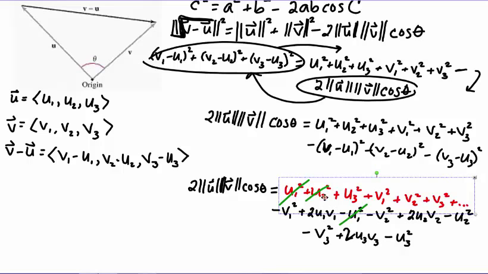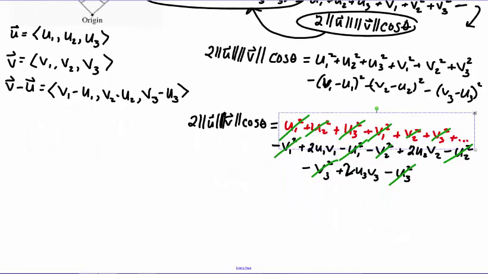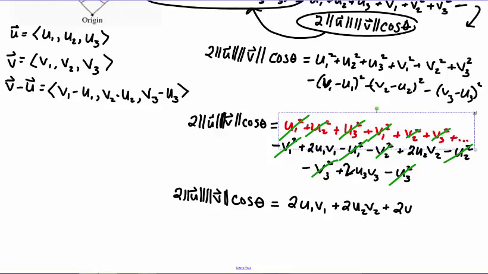Gone. u2 squared, negative u2 squared, u3 squared, negative u3 squared. Oh my goodness, I'm running out of room. So, on the left, I still have 2 magnitude of u, magnitude of v, cosine theta, and on the right, I have 2u1v1 plus 2u2v2 plus 2u3v3, and that's it. That's all I have left.